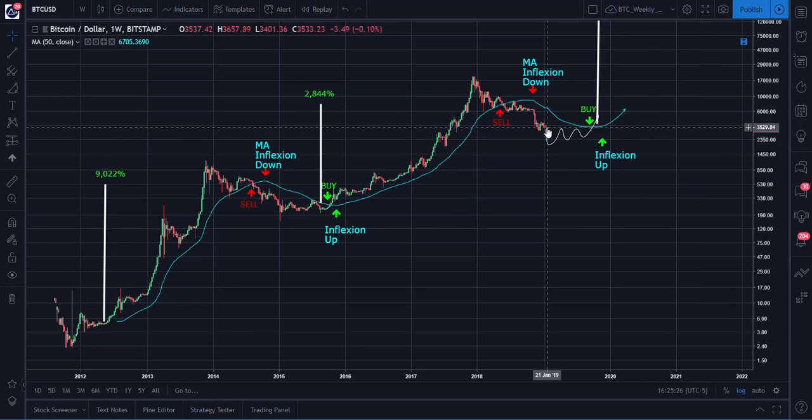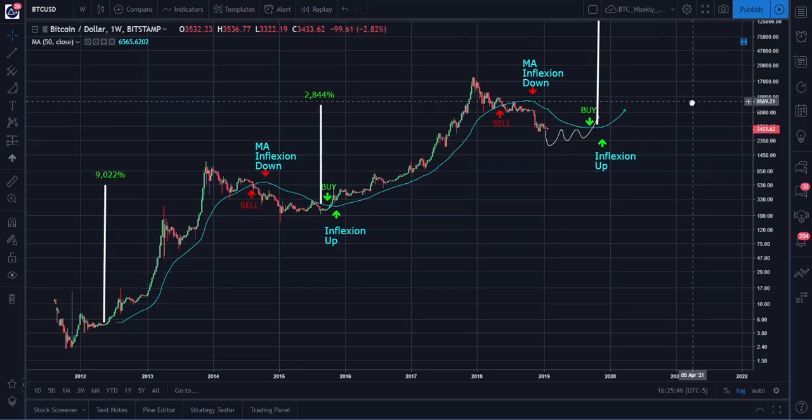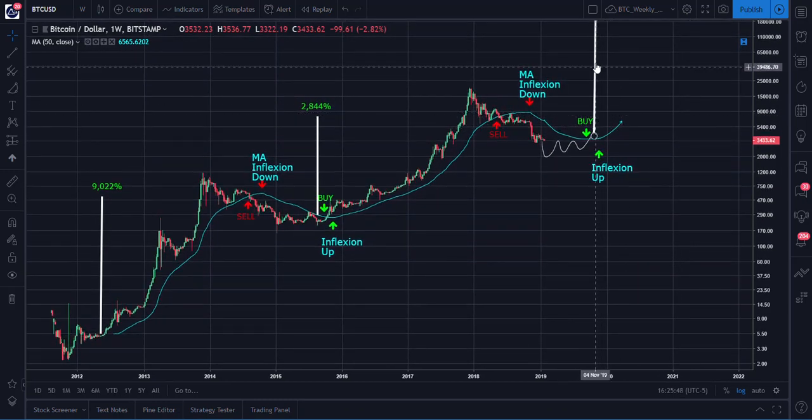So currently there is no buy signal using this trend following method. And that means, what do you do? You keep your cash on the sidelines safe until ready to have it deployed when that buy signal comes. And I can only imagine what this percent gain white column might represent on that next buy cycle.